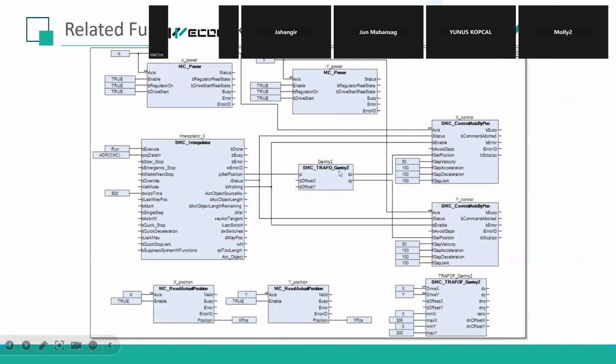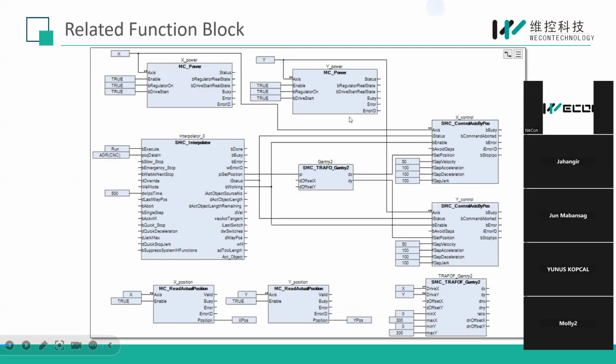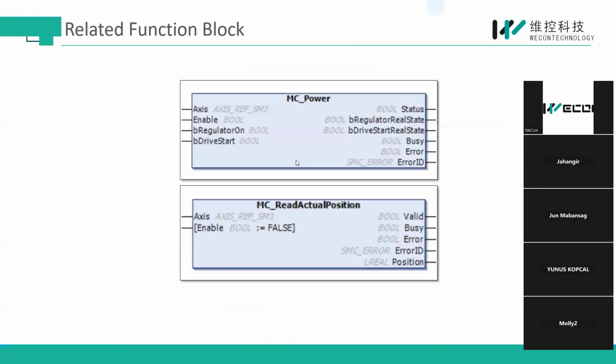These are the relative function blocks I used in my demo program, MC Power, and the most important one, SMC interpolator. This function block is used to run the G code and position reading. Okay, I will introduce them one by one.